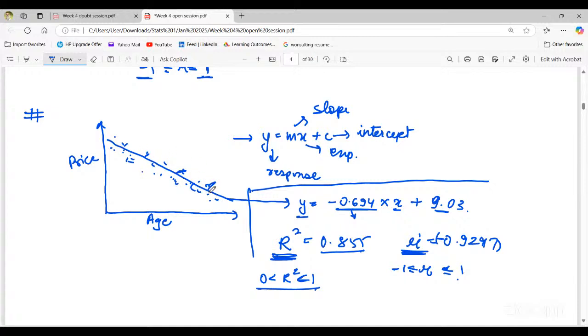Like this line is representing the whole data, if there is variability between the explanatory variable and the response variable.